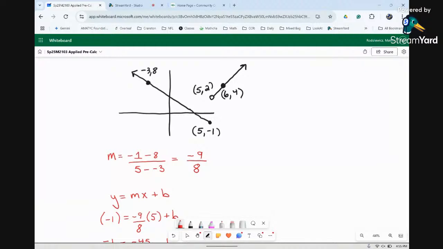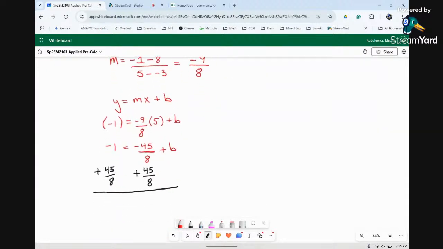That's the slope. Take your slope, substitute it in right here, and choose a point on the line. I went with 5, -1. Maybe you didn't get negative 45/8 because you used a different point. You don't have to use either one.